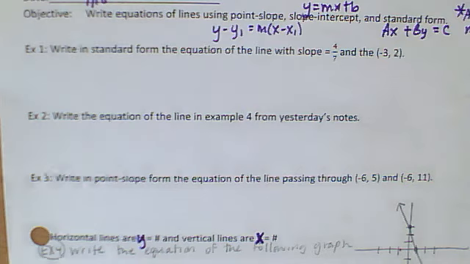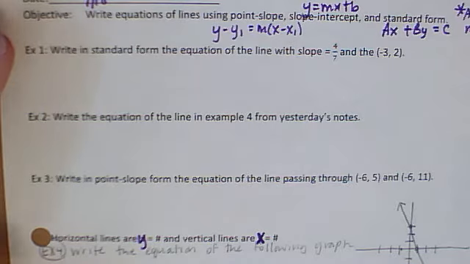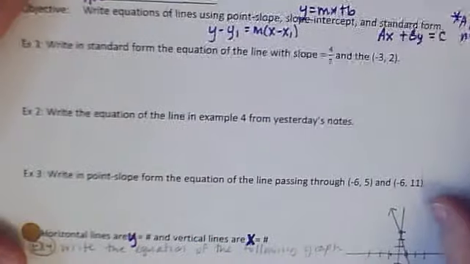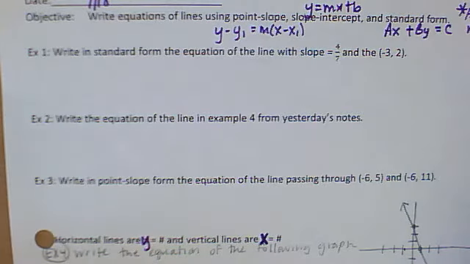Alright, so example 1: write in standard form, the one we just talked about, ax plus by equals c, the equation with a slope of 4/7 and a point (-3, 2). The very first thing I want to do is look at what information I'm given so that I know what to plug into.